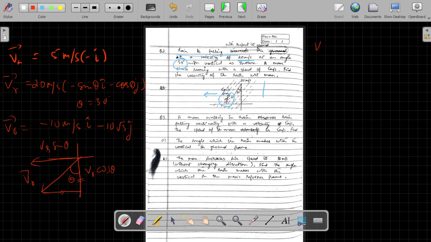Velocity of rain with respect to man: we would be subtracting the velocity of man from the velocity of rain. So when we subtract, this i cap would turn out to be positive. So just write the formula, velocity of rain minus velocity of man. This would come out to be minus 5 i cap minus 10 root 3 j cap meters per second.